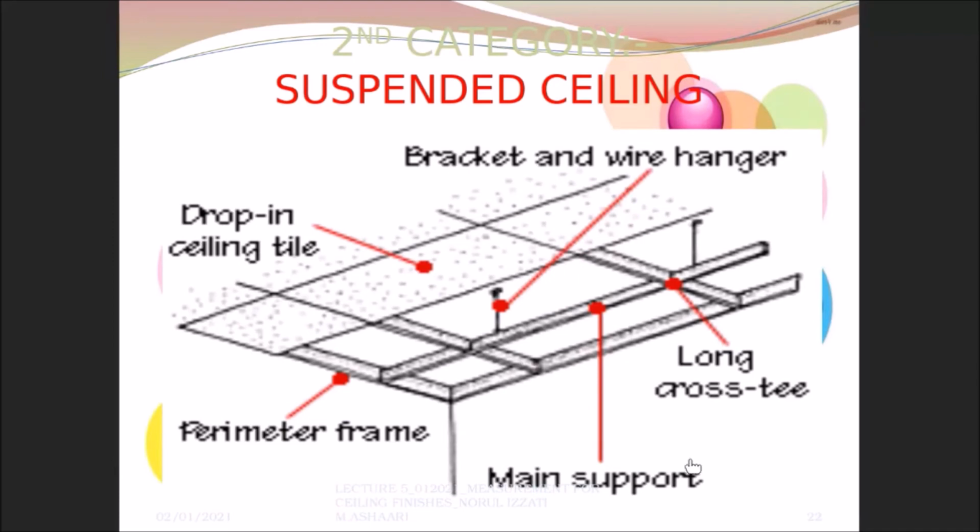If not, the main support plus the perimeter frame plus the bracket is required to be measured under the ceiling itself. So in your description, we normally put including the framework, and then bracket and wire hanger. This is actually the support system. So use the word including.